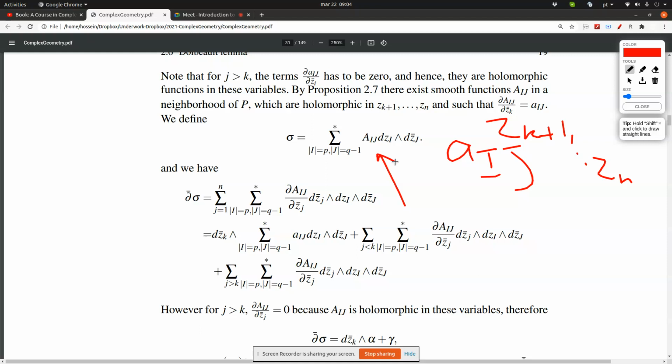Now the rest is again computing dbar sigma.